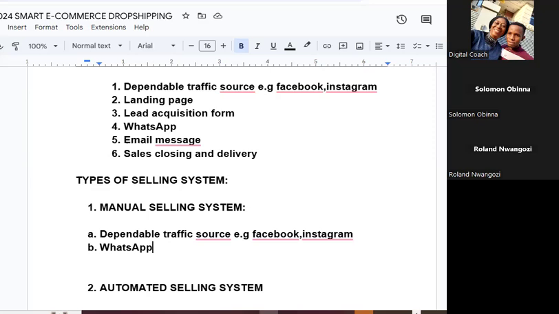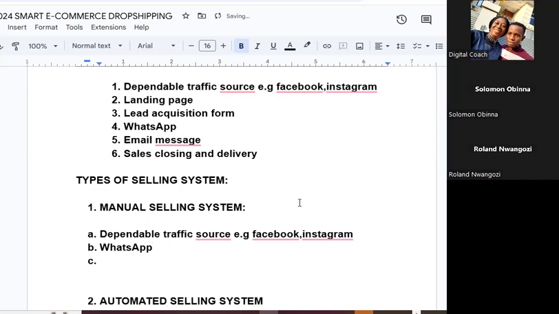Maybe if you are selling a wristwatch, I saw your wristwatch on Facebook and I want to buy. You will set a pre-made message that they would send you. Once they send you that message, you've already automated the whole process so that your WhatsApp autoresponder will send them this lead acquisition form.